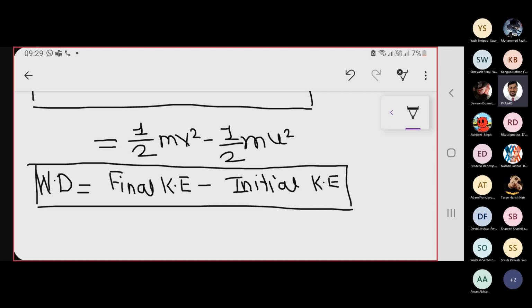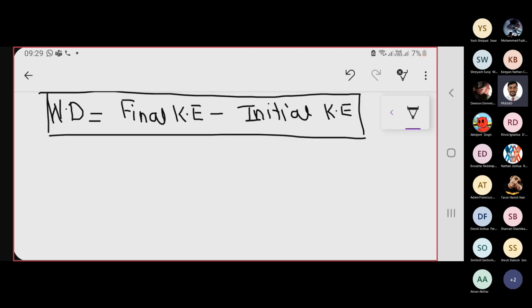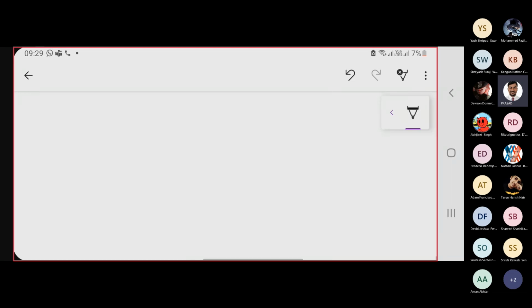Okay, now let's solve some problems on the work energy method, and then we'll go to the last topic, that is the impulse equation.